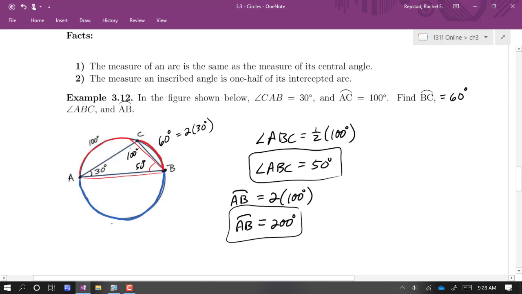Another way to get to 200 degrees is that the total arc of a circle is 360 degrees. We already had 100 degrees here and 60 degrees there, and that means there are 200 degrees left to make the whole circle. So that arc must be 200 degrees.